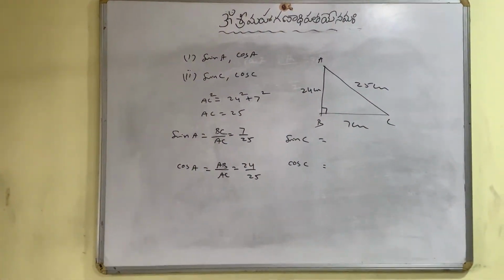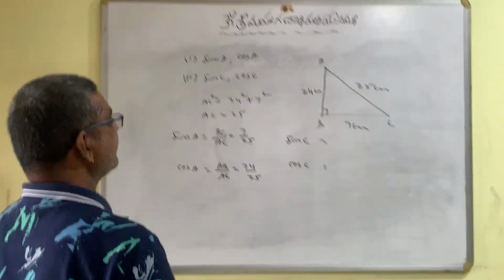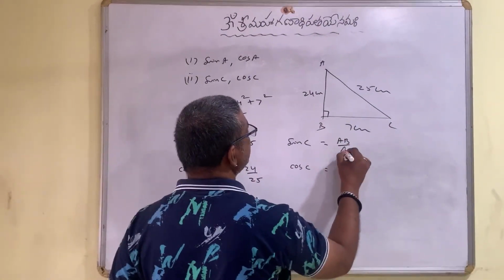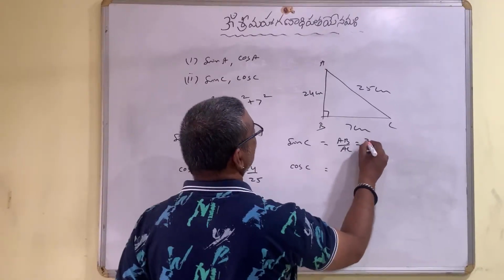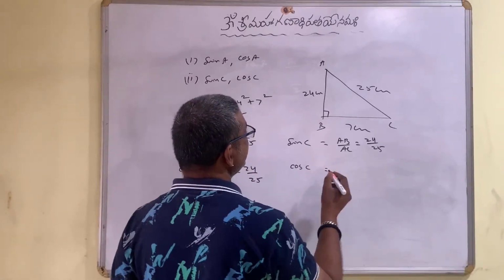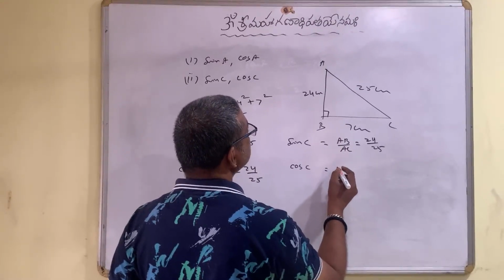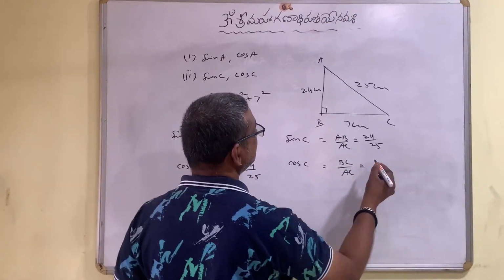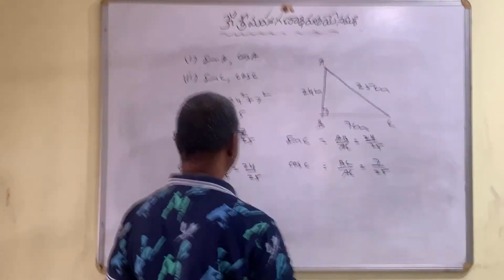Now sin C, AB by AC, 24 by 25. Cos C, BC by AC, 7 by 25.